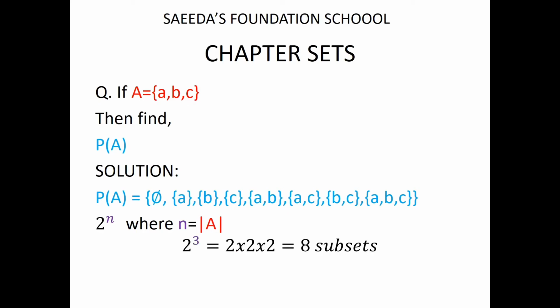So we are giving power 3 to 2, and 2 to the power 3 will be equal to 2 into 2 into 2, that is 8. So we should have 8 subsets.